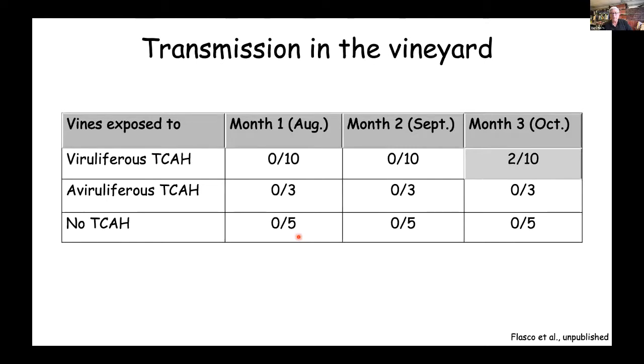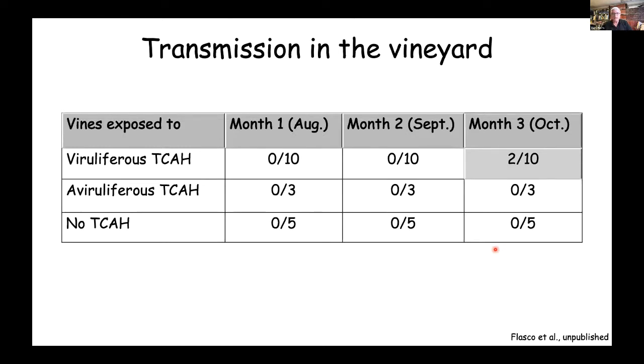But more importantly, 3 months after the exposure of the vines to the insects, we had some shoots that tested positive, and none of the controls tested positive, as expected.